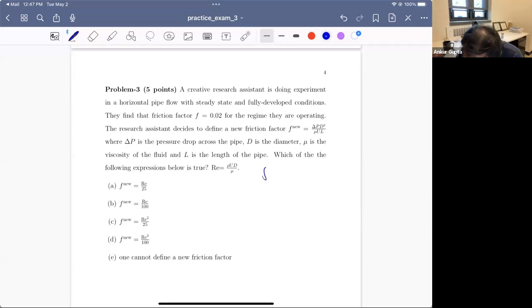So the point being, F nu is given to us as delta P d square by mu UL, and F usual is given as delta P by rho U square by 2 into L by D, or rather we can say 2 delta P D divided by rho U square L, I guess.